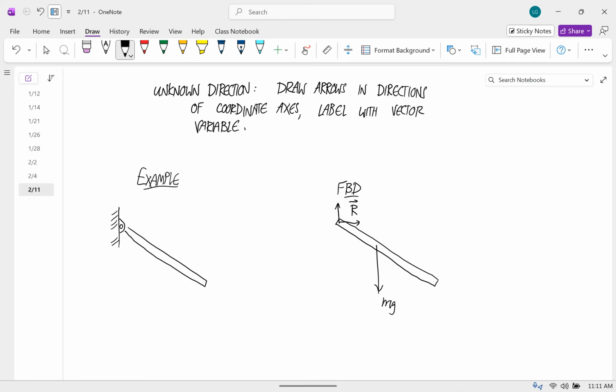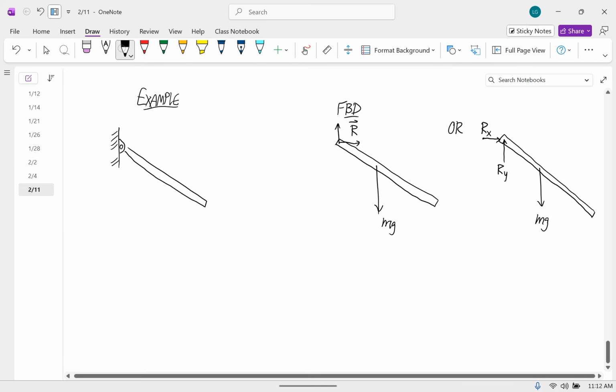This is how I always do it, but you also see people do it like this, and they'll write this Rx and this Ry. That's not what we did in statics, right? Yeah, exactly the same. Yep.